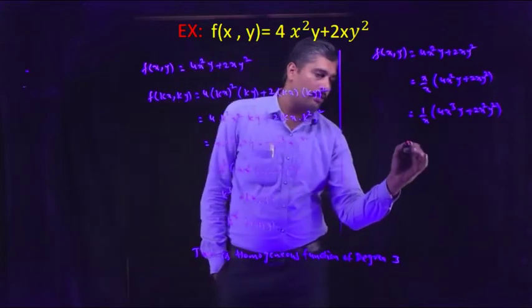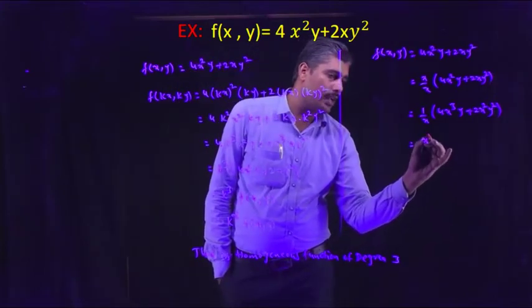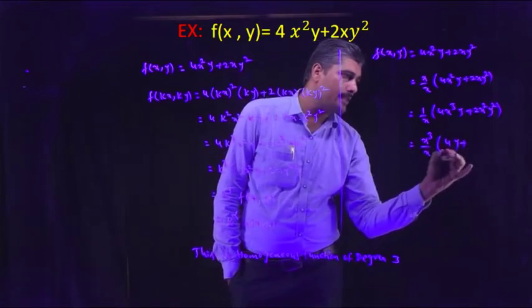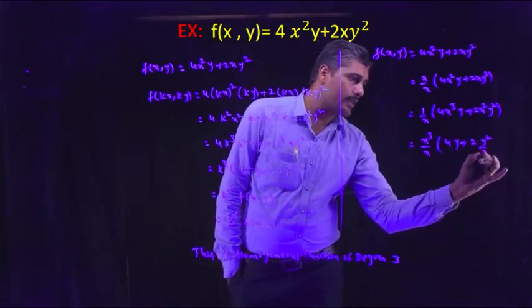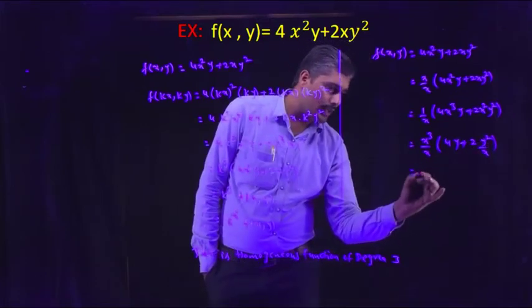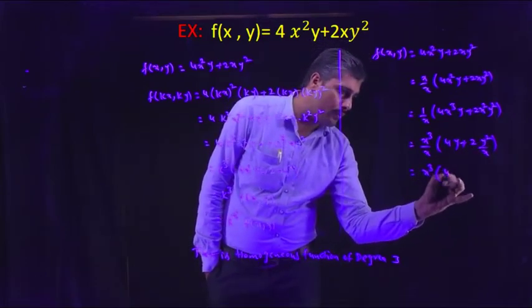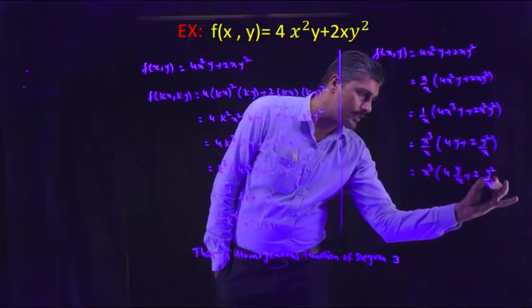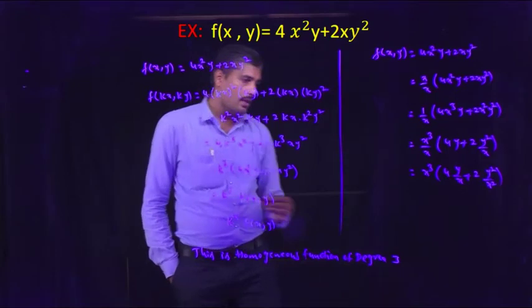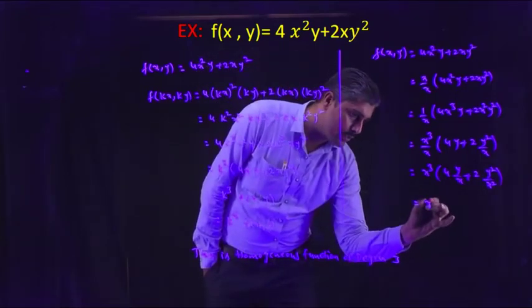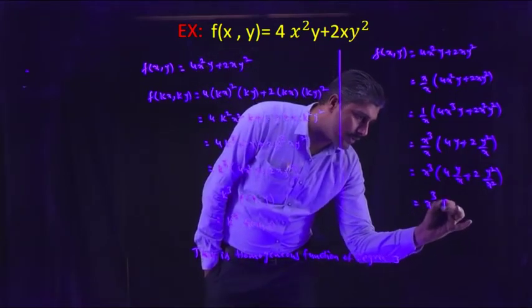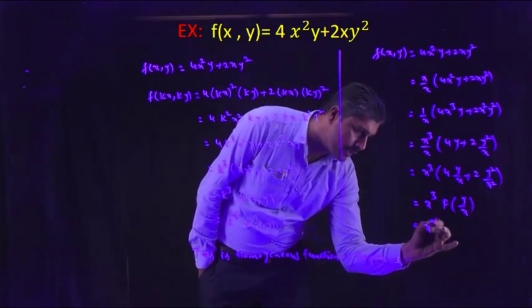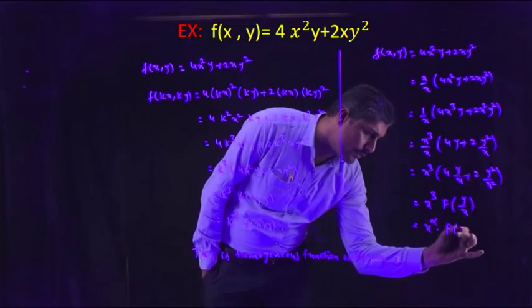Take x cube common, then x cube by x into 4y plus 2y square by x, that equals x cube into 4y by x plus 2 into y square by x square, that equals x cube into f of y by x. This is in the form of x power alpha into f of y by x.